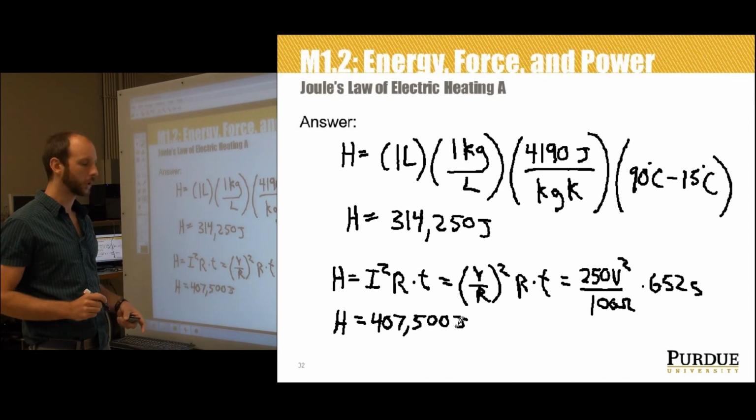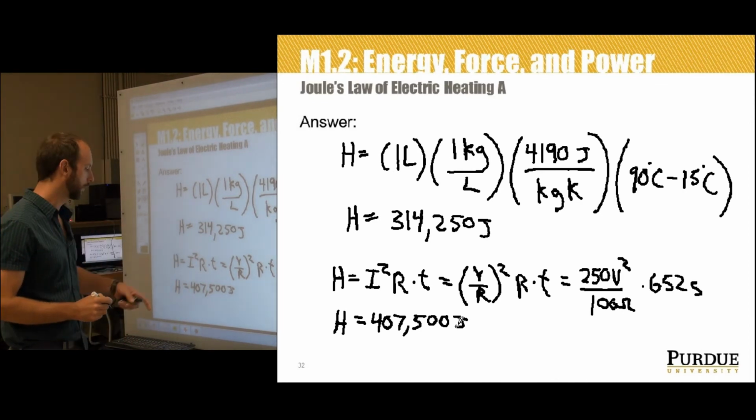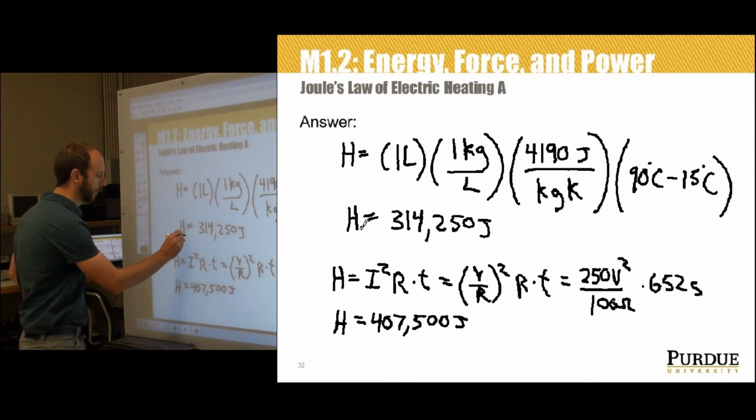So now we've got the total heat produced by the current, and we've got the heat that actually went into the water. So what we can do is, I guess I should label those.